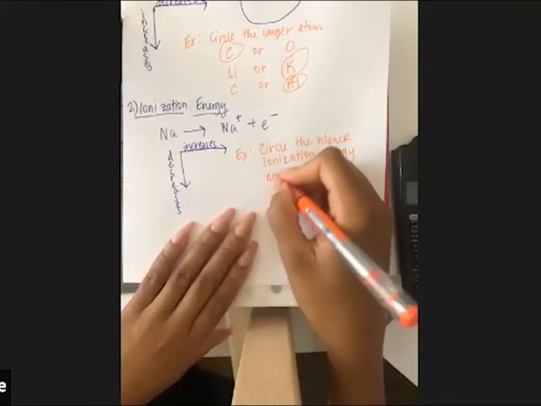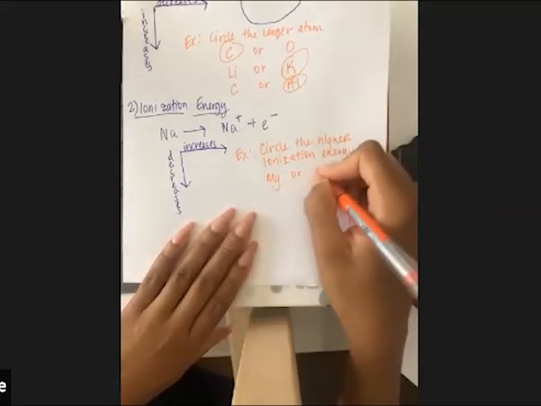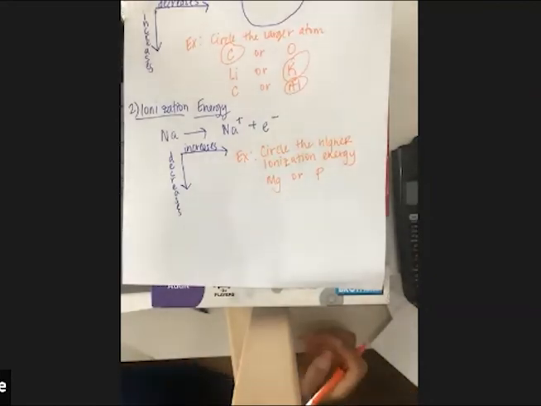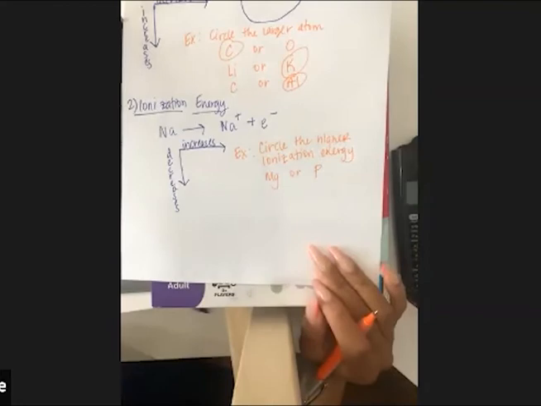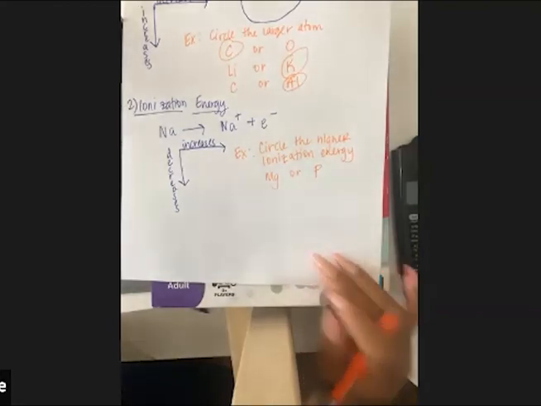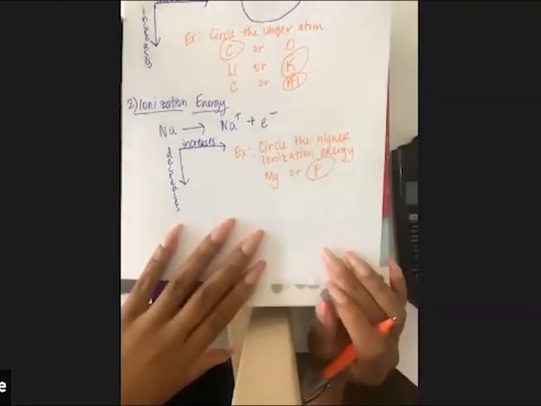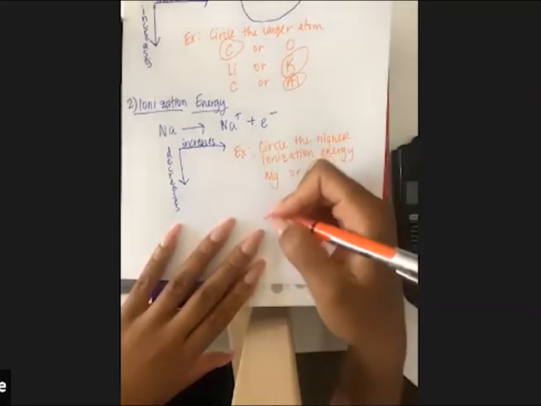Let's say we're talking about magnesium or phosphorus. What do you guys think between magnesium and phosphorus? Phosphorus. They're both in the same row, so as you go across, it increases.